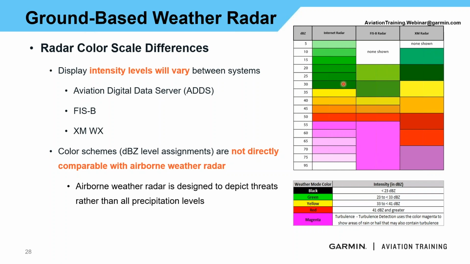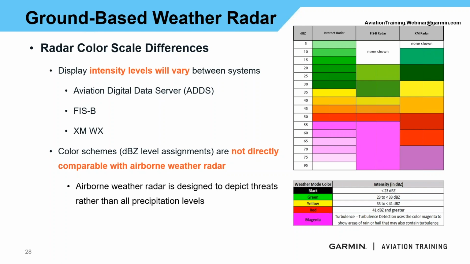That dark green for 30 decibels is actually darker than the FIS-B darkest green. That's from 30 all the way to 40. And then if we take that same value and look at XM, it's actually into the yellow. So even between the different ground-based systems, the display is going to look different. If we compare that down to the green of the airborne weather radar, it's even a different shade of green. But the point is that it's definitely going to look different.